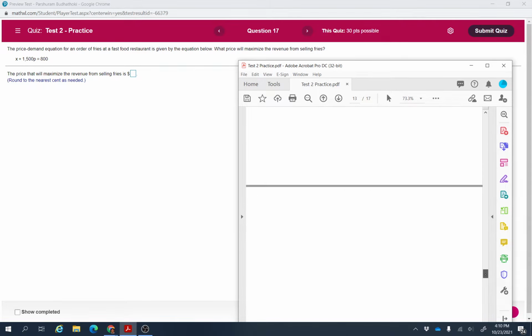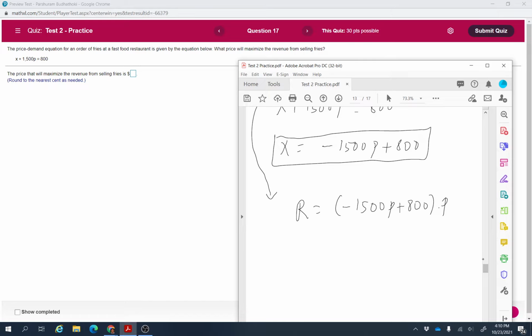So the revenue would be, instead of x, negative 1500p plus 800 times p. p means price. So the revenue is a function of price. I can write it like this. It's just a notation. You can write just R, but I'm changing it to R of p, meaning the function of price is negative 1500p times p, which is p squared, plus 800p.